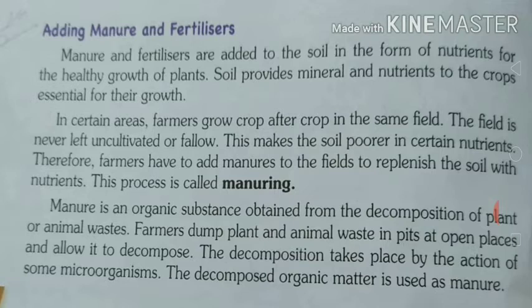In order to prepare manure, farmers dump animal waste, that means animal dung, etc., and plant wastes like leaves, etc., in pits at open places and allow it to decompose slowly. The decomposition is carried out by some microorganisms. The decomposed animal and plant matter is used as organic manure.